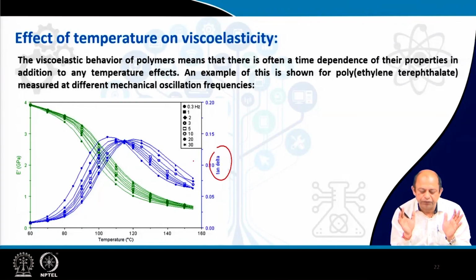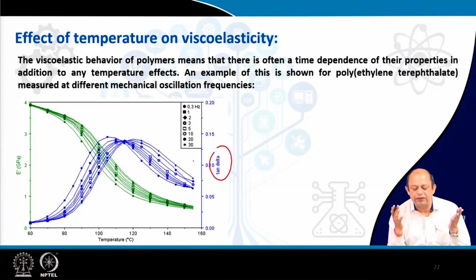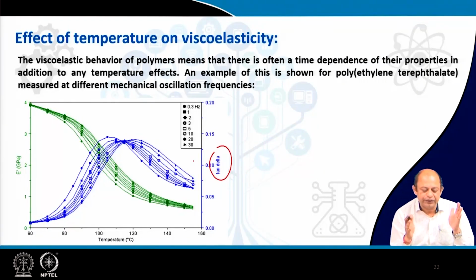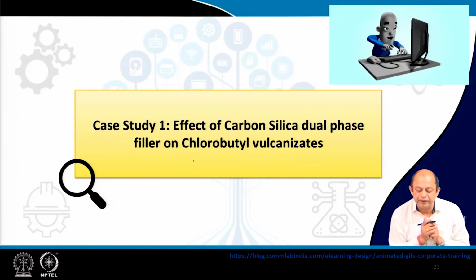Temperature effect is of course there. An example is shown here. You see, with different frequencies, it shifts. The higher the frequency, the higher the apparent Tg; the transition maximum moves towards the higher temperature side. This will be exemplified when one of the classes talks about rate dependent processes.